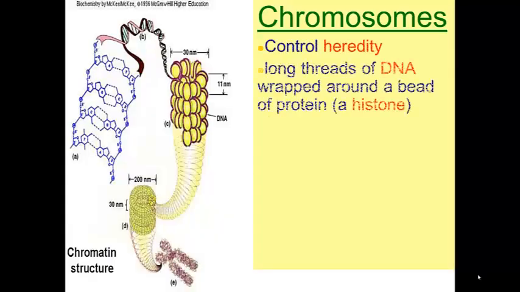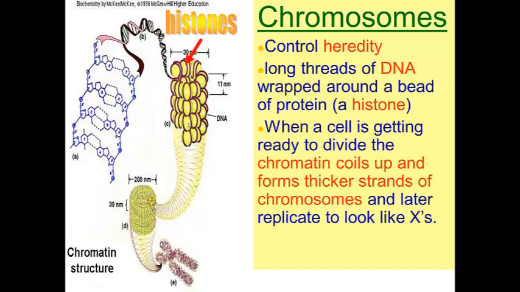Chromosomes control heredity. They are long threads of DNA that are wrapped around a bead of protein called a histone. So here are the loops of DNA. Here's the string of DNA looped around these balls that are histones.